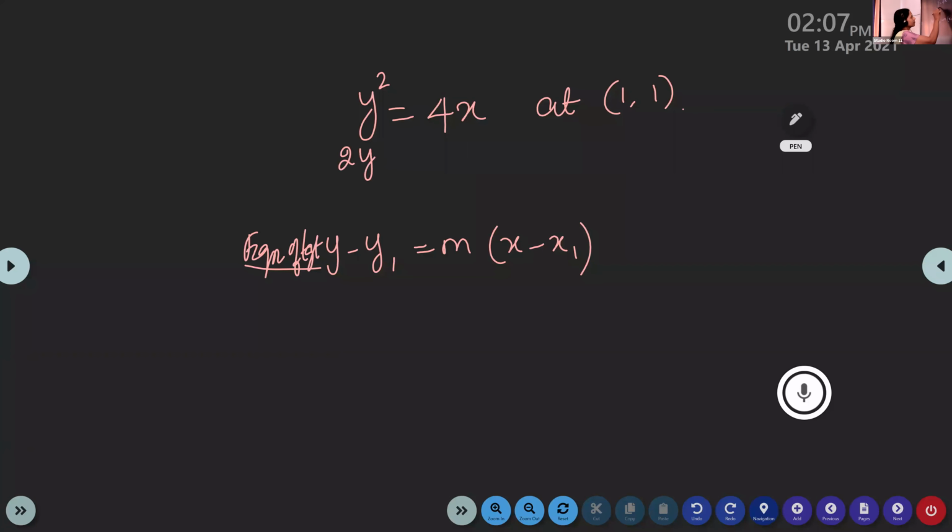2y dy by dx is equal to 4, isn't it? So from here, what is dy by dx? It is 4 by 2y, which is equal to 2 by y. So it will be m. What is the value of m?